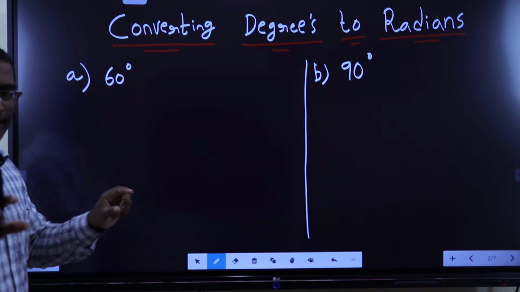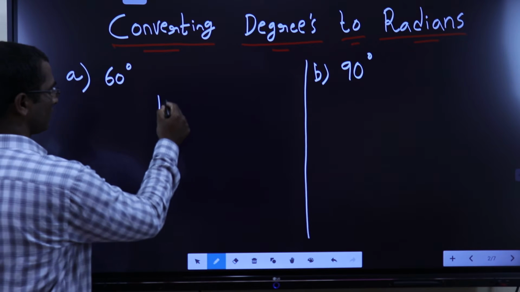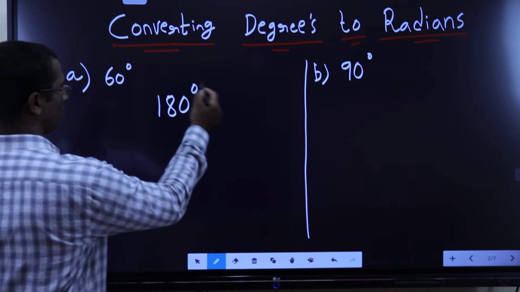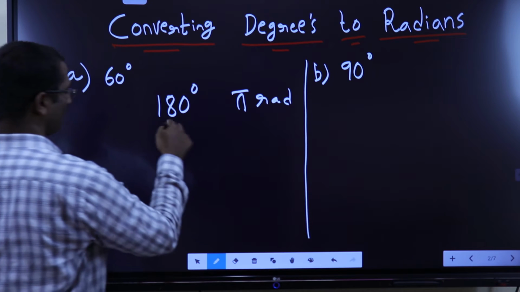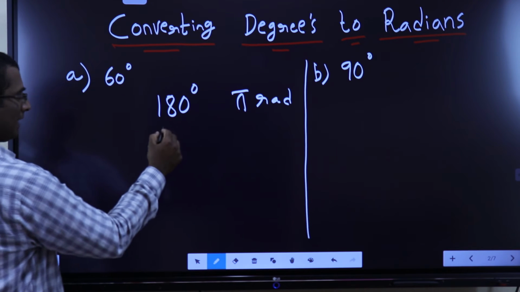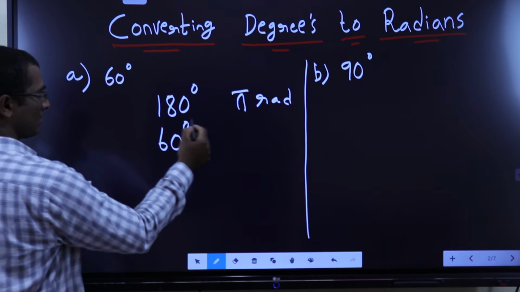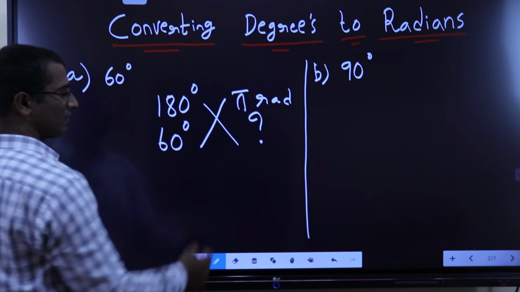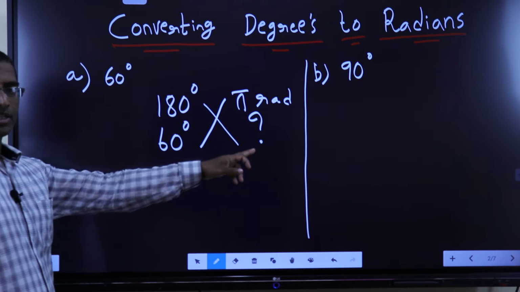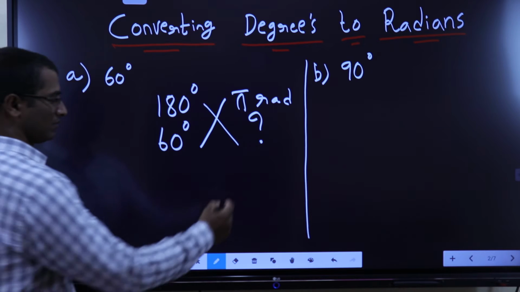First line you write down: 180 degrees is nothing but pi radians. Below degrees write degrees: 60 degrees, question mark. Cross multiply. I cannot multiply the question mark, so multiply these two.